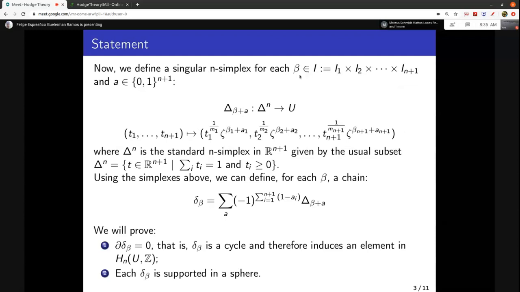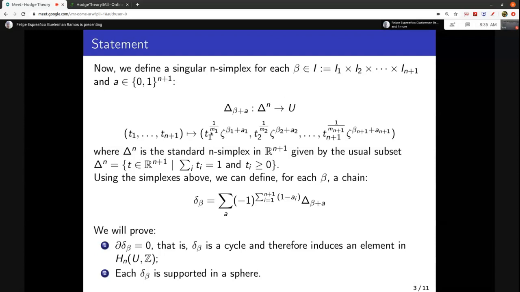So for each beta and A, where A is a string of zeros and ones, we can define this delta beta plus A as the set of T1, T2, ..., T_{n+1} with 1 over M1, 1 over M2, etc., times our primitive root of unity. So it's easy to see that this is actually mu, right?